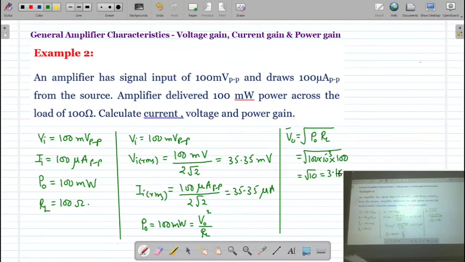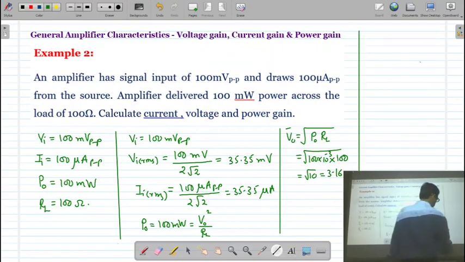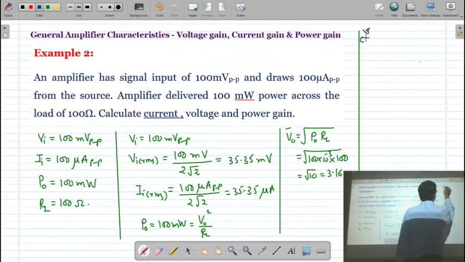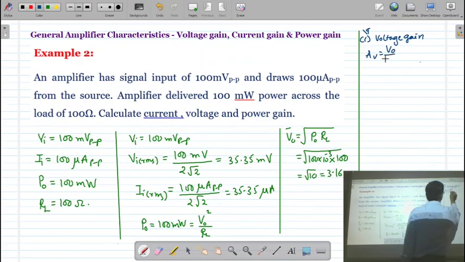Now you can find out current gain, voltage gain and power gain. So let us see the voltage gain first. Voltage gain is the ratio of output voltage divided by input voltage.